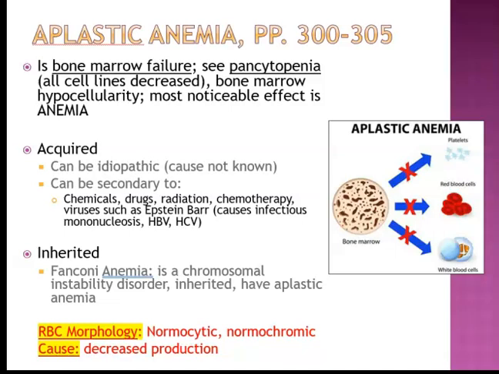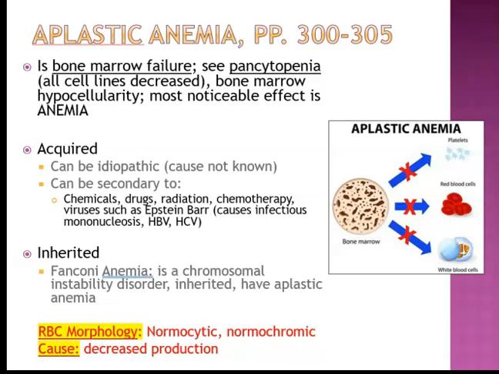The first type of anemia that we're going to get into is aplastic anemia, and we've already mentioned this is a complete bone marrow failure. This is where we have something called pancytopenia, meaning that there's a decrease in all cell lines.